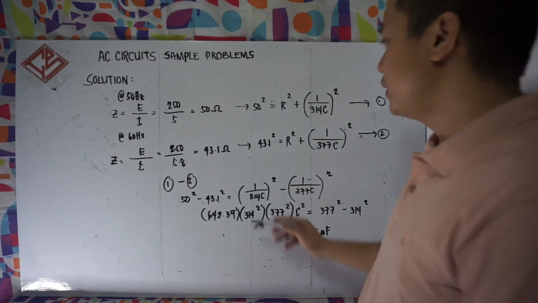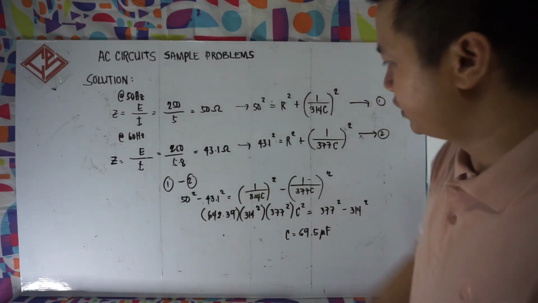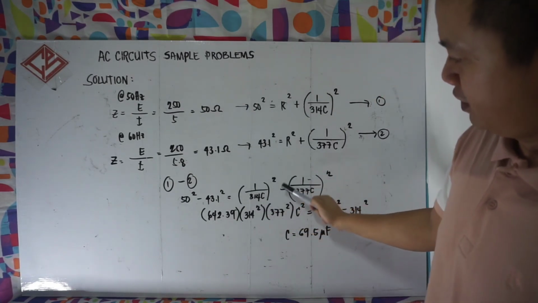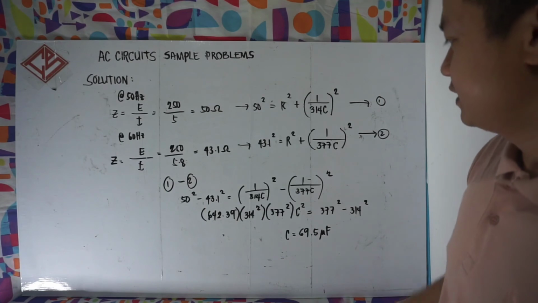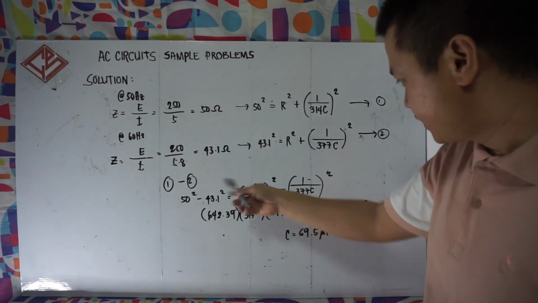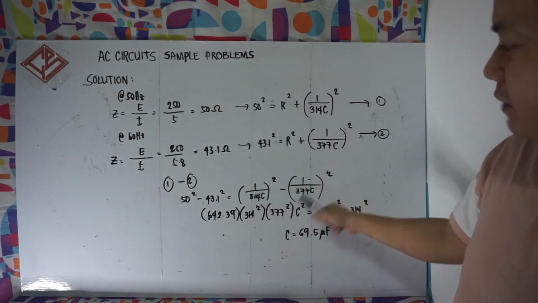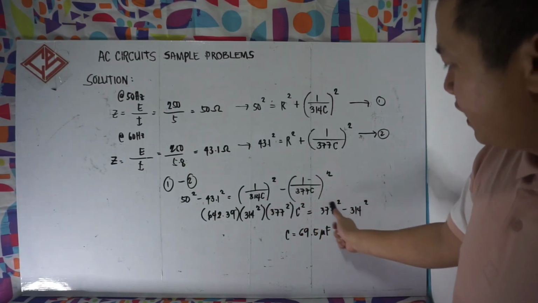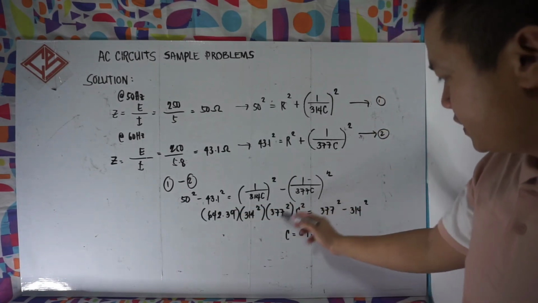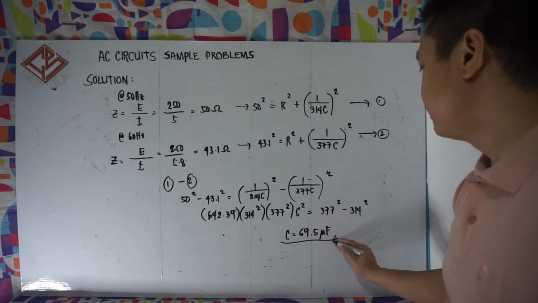So subtracting equation 2 from equation 1, we obtain 50 squared minus 43.1 squared is equal to 1 over (314C) squared minus 1 over (377C) squared. So manipulating, multiplying both sides by 314 squared, 377 squared times C squared, you will have this equation. So solving for C, you will have 69.5 microfarad.